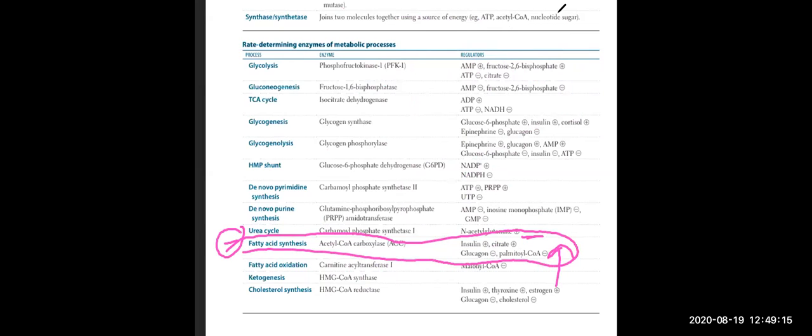The cycle is beginning from the substrate. So more substrate will lead to more fatty acid production, but more product will lead to the inhibition or the stop of fatty acid synthesis, okay. So please remember these mechanisms.